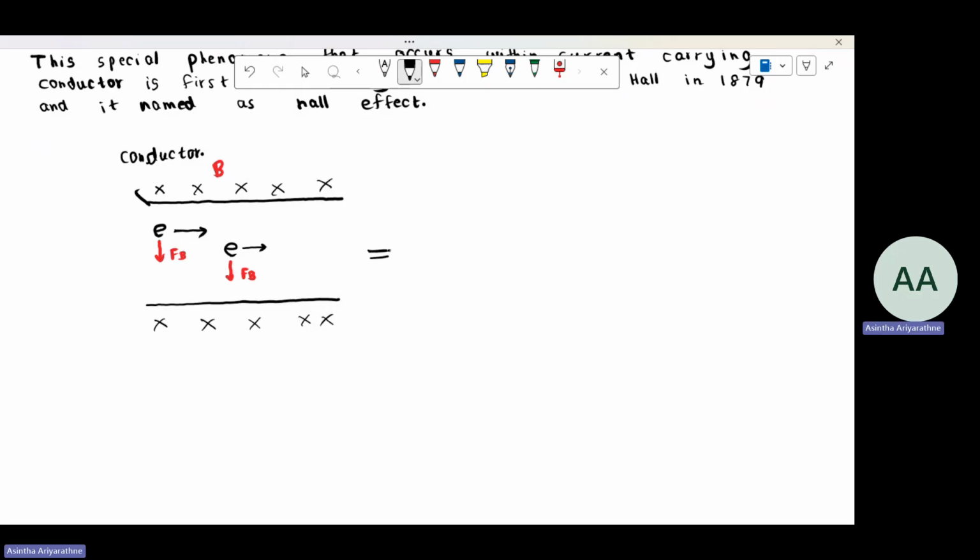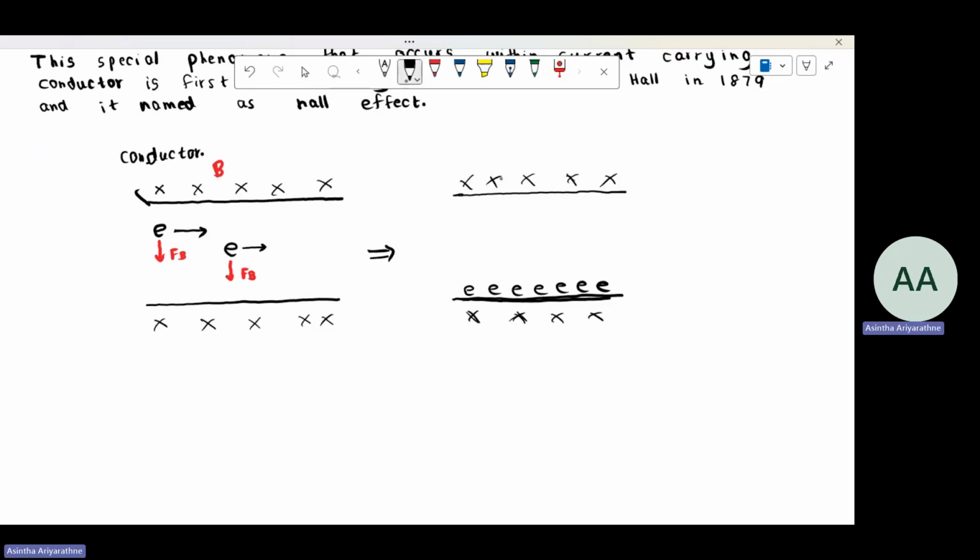So what will be the result? Now the electrons are shifted downward. So now there are more electrons on the bottom of this conductor.